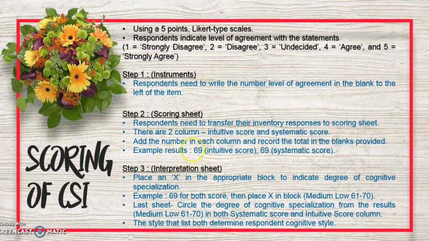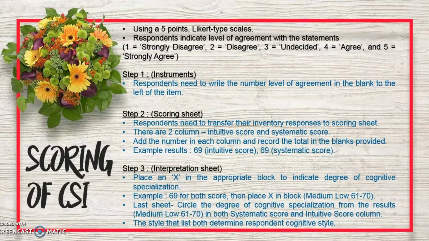The second step is the scoring sheet. In this scoring sheet, respondents need to transfer their inventory responses to the scoring sheet. There are two columns in this sheet. First is the intuitive score and the second is the systematic score.